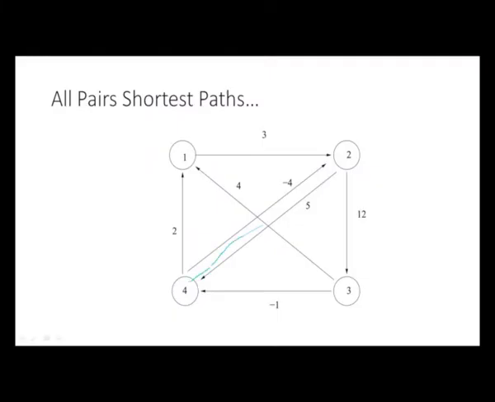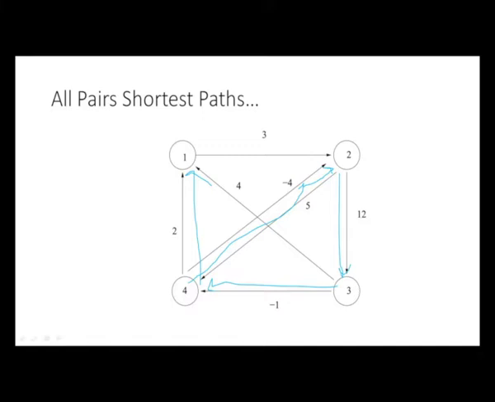We will go from 4 to 2 and from 2 to 3, from 3 to 4, and from 4 to 1. This is also a path. But we are considering a cycle here: from 4 to 2, 2 to 3 and 3 to 4, then 4 to 1.